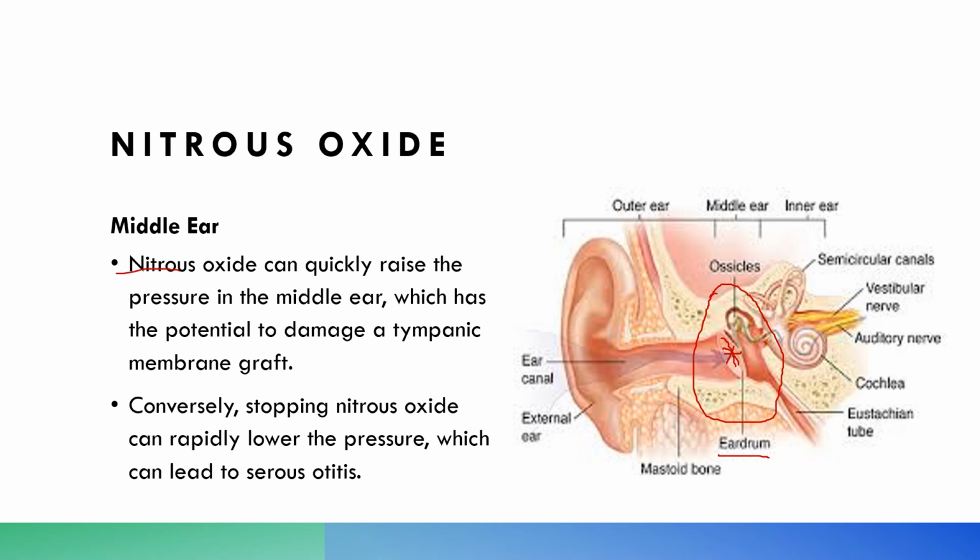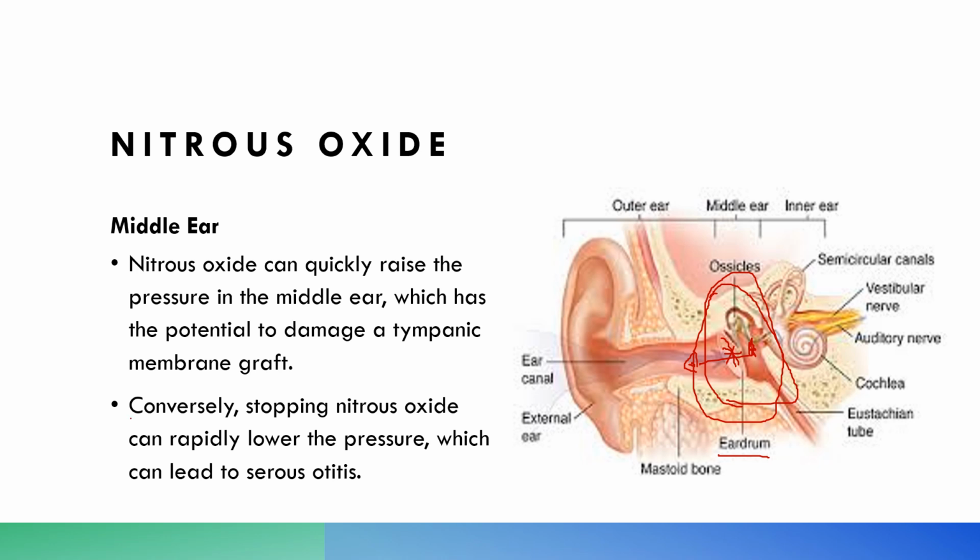If we were to give nitrous oxide to that patient, it's going to quickly raise that pressure in the middle ear. So if I raise this pressure here, you think this bone structure and all these sinuses that interact here are going to move? No. Pressure is going to push out on that brand new tympanic graft and damage it.